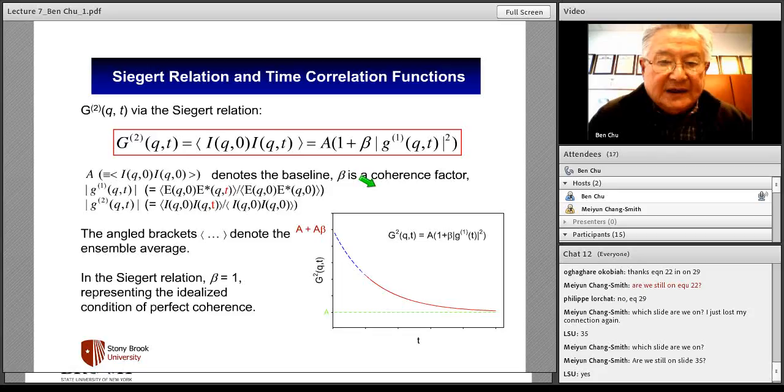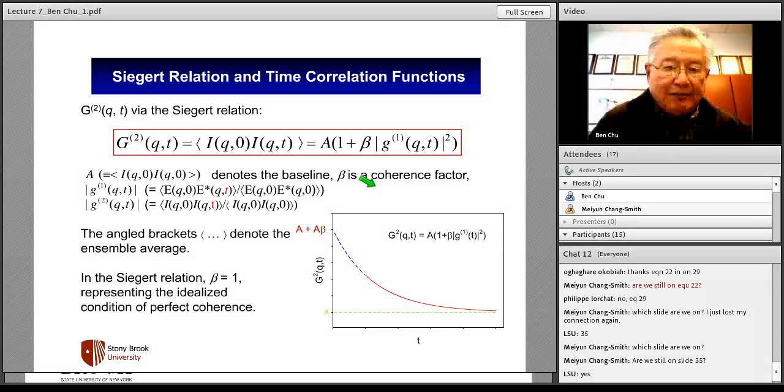So now we come to the practice aspects of it. The real equations, how they come about, are only for those who really want to know, but you are more interested in what to do and how to use it. So the Siegert relationship is of importance, and this is in essence G2(Q,t). What is that?